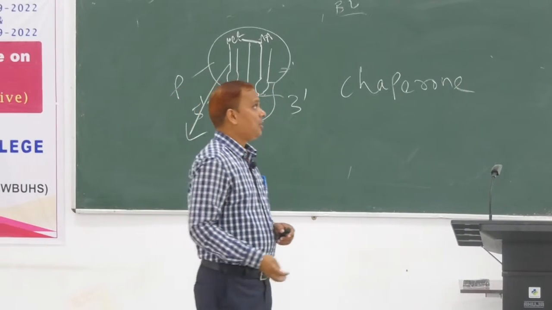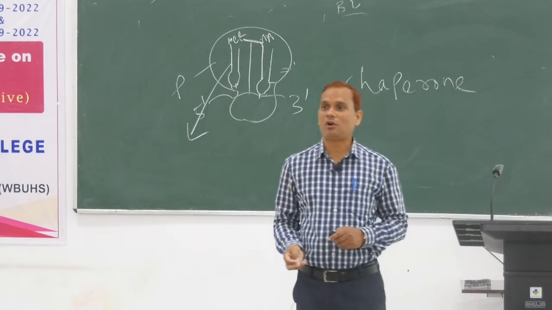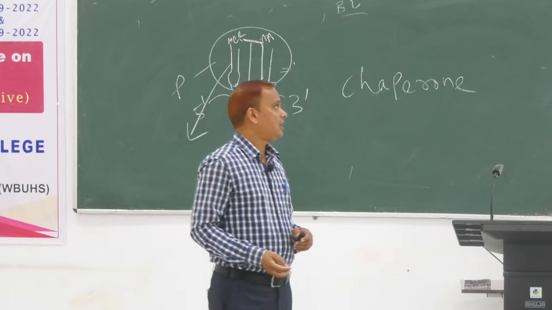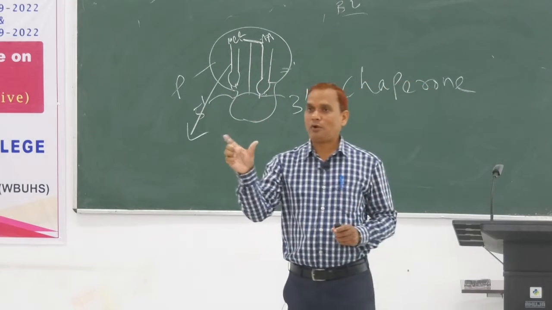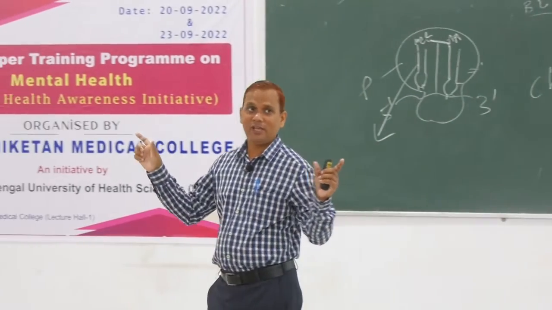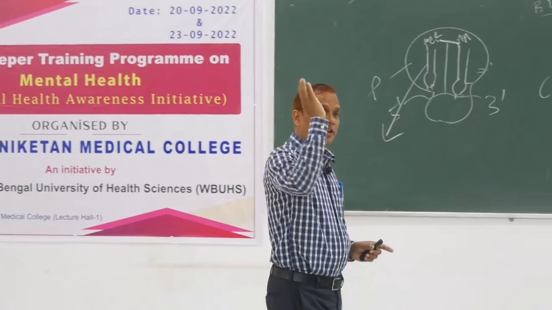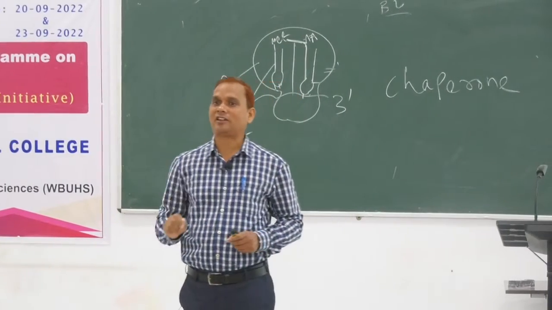Next, polypeptide cleavage, also called the trimming process. One protein has two ends, and after cleavage of the ends, then only that protein will be active.